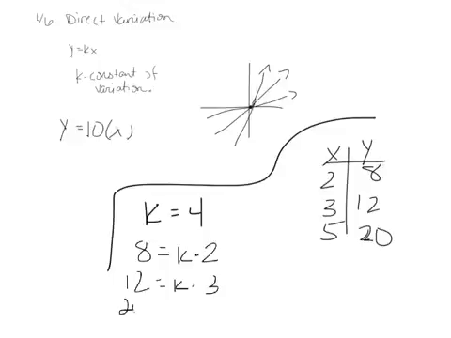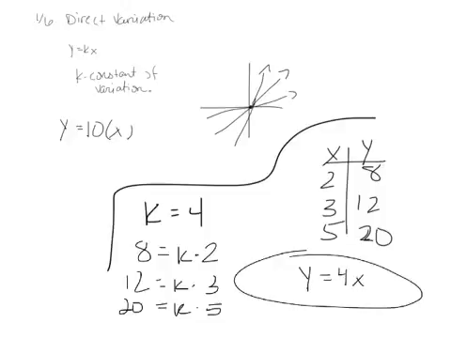And then you could write 20 equals k times 5. And what would k equal here? Once again, 4. So k equals 4 for all of these examples. So I would have y equals 4x as my direct variation. Finding that constant is important. Knowing that it makes an equation is more important.